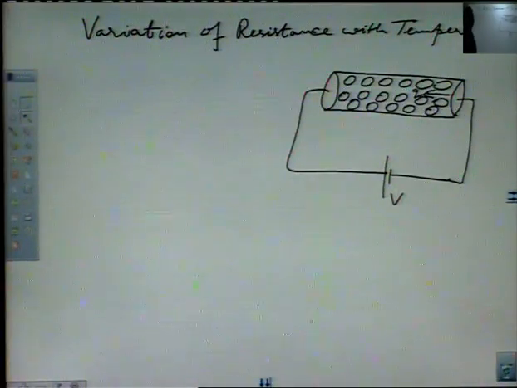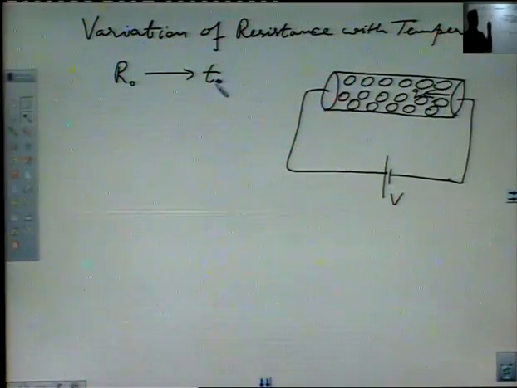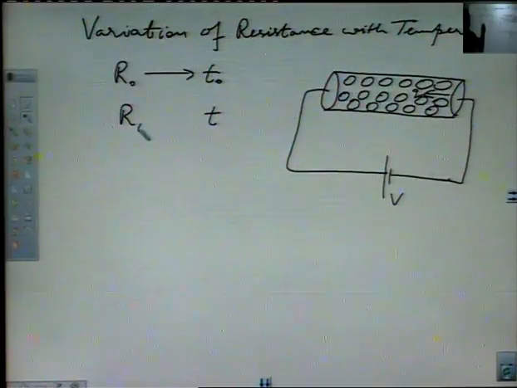This variation is different in case of insulators and semiconductors. Here we will discuss about conductors only. So, as the temperature rises, the resistance of the material increases. Suppose R naught is the resistance of a conductor when the temperature is T naught, and this temperature is changed from T naught to T and the resistance changes to RT.